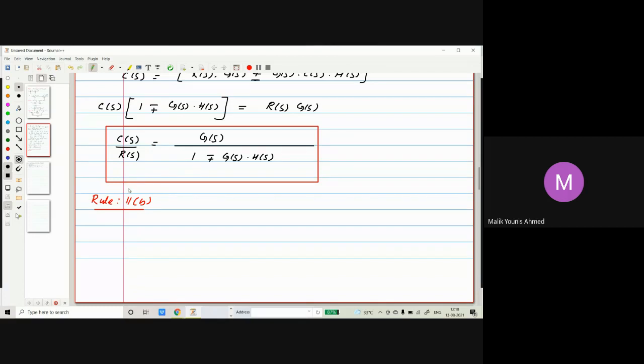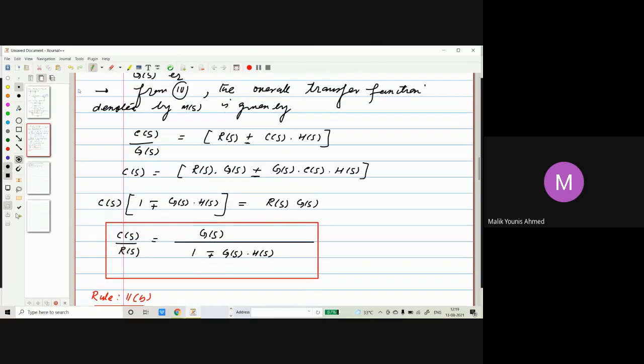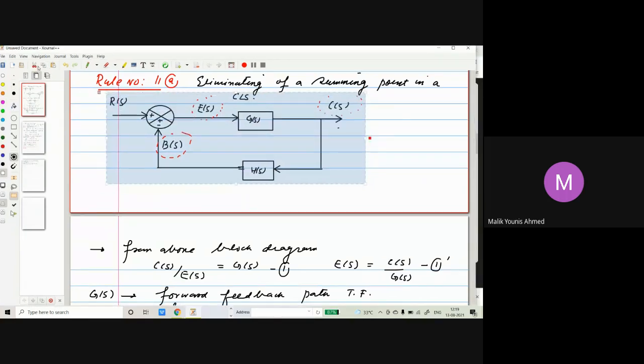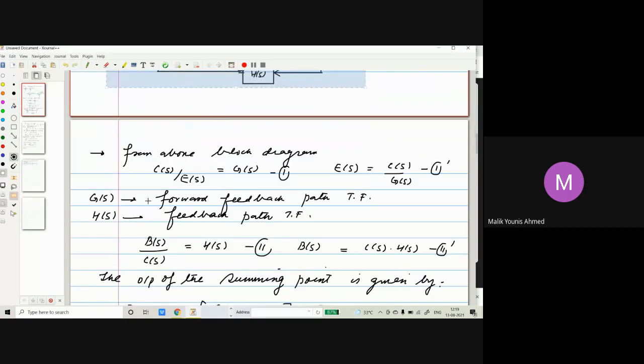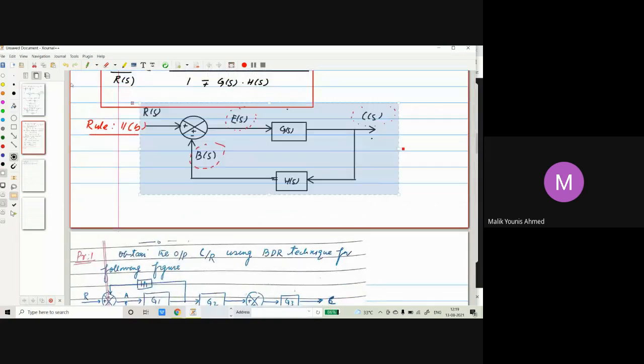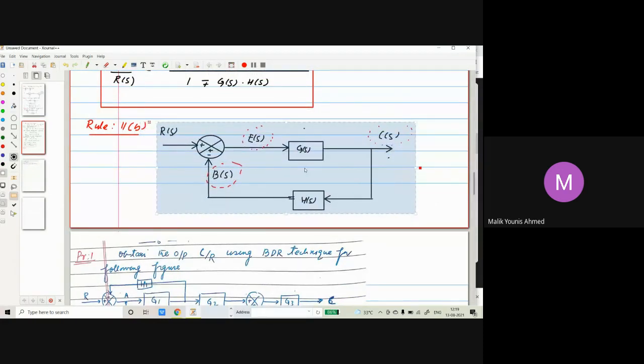Now, if the loop is a unity feedback loop, let me copy this and paste it here. In this case, I will remove this.